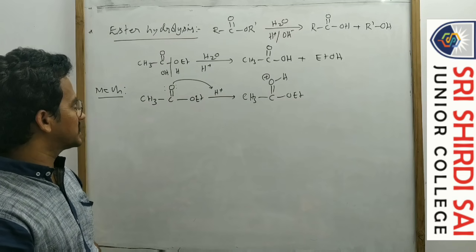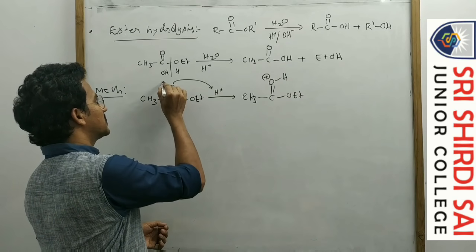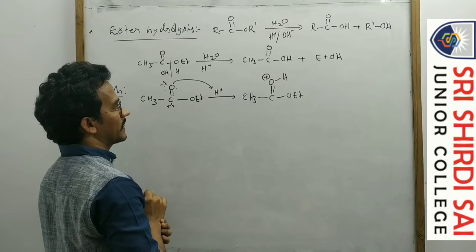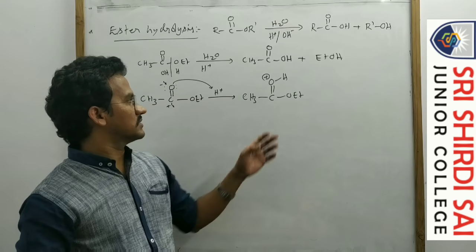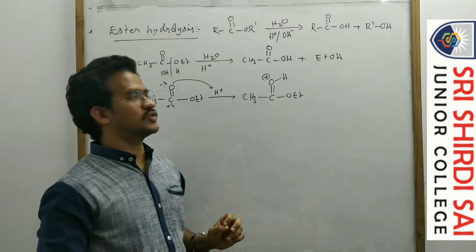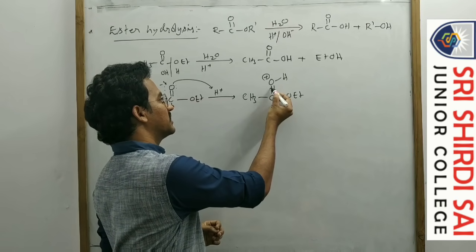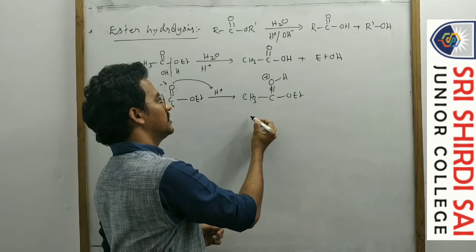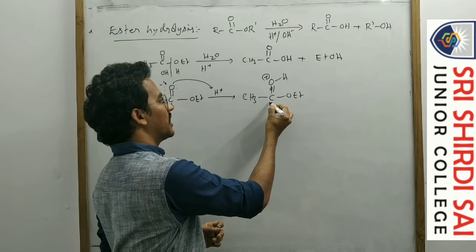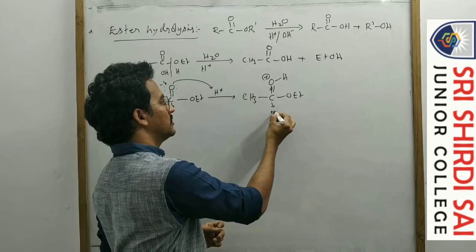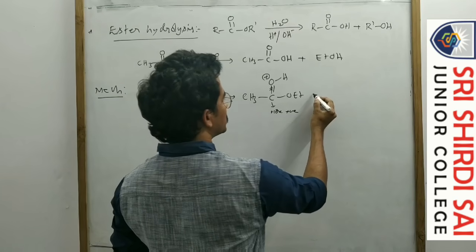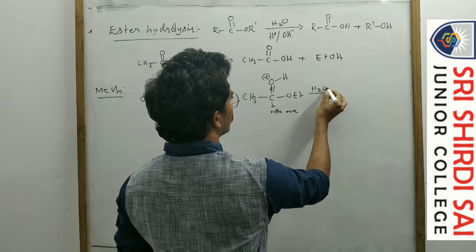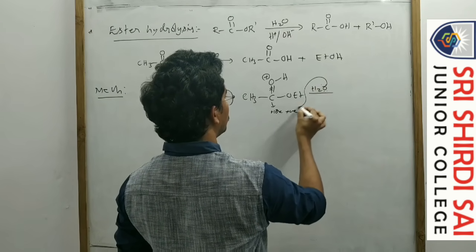How is it acting as a catalyst? Generally there is a partial negative on oxygen and a partial positive on carbon. By the protonation this oxygen becomes O plus, that means electron deficient. That electron deficient oxygen attracts the electrons from the carbon effectively, so there is more positive charge on this carbon. That more positively charged carbon is attacked by the nucleophile.